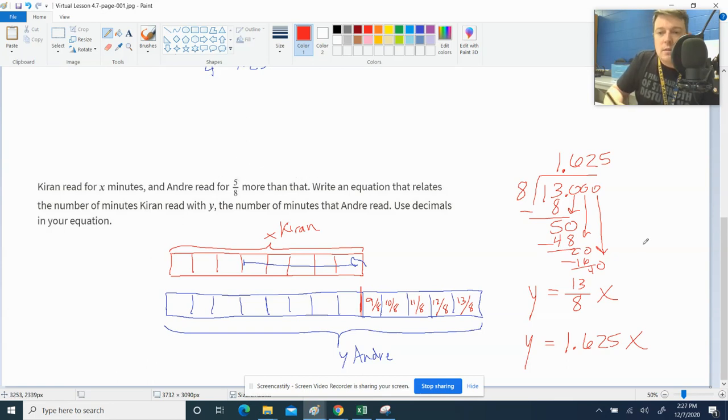And as we're going to see in the next lesson, if we converted this to a percentage, 162.5%, we could see that he had a 62.5% increase over the 100% that Kieran had read altogether. All right, so using decimals to write our equation is y equals 1.625x. And that represents the growth of 5/8 more than what Kieran had.